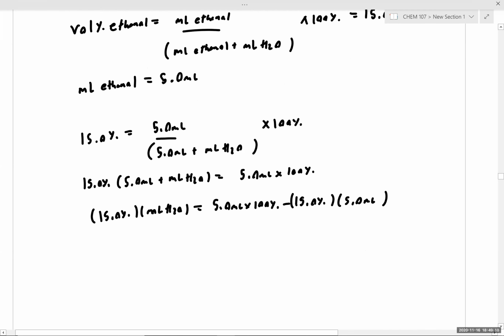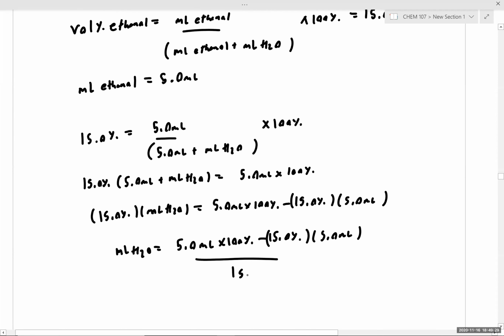This is just algebraically solving out for our desired term. That in turn gives us the milliliters of water as 5.0 milliliters times 100% minus 15.0% times 5.0 milliliters, over 15.0%.